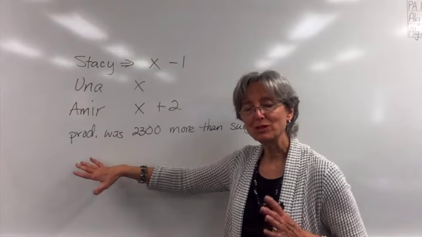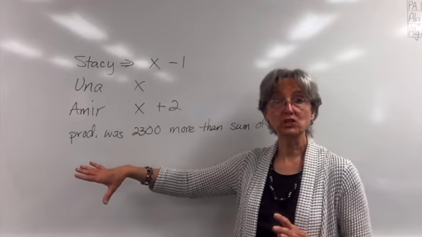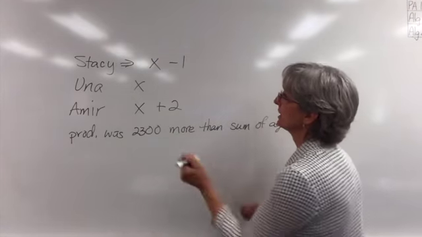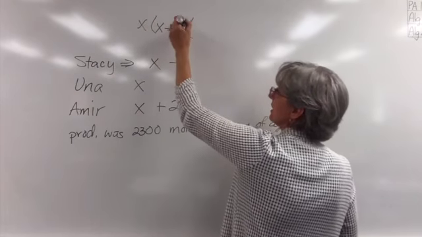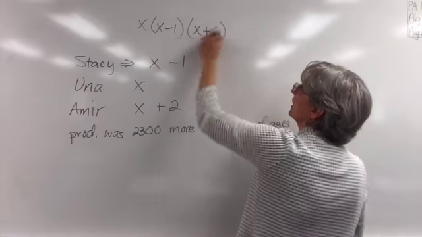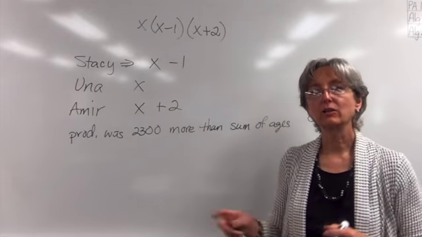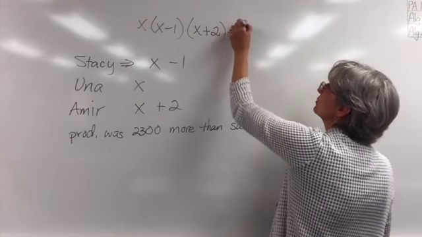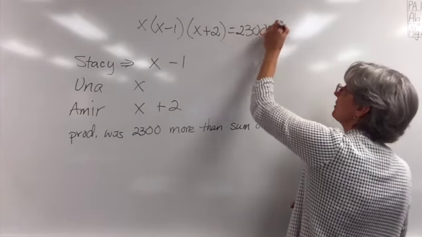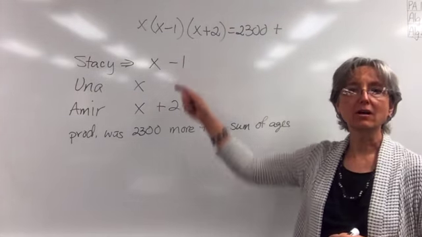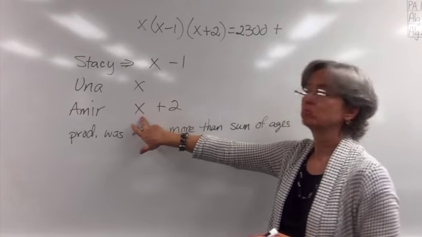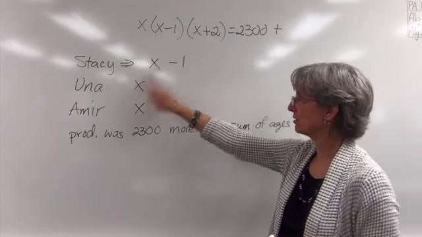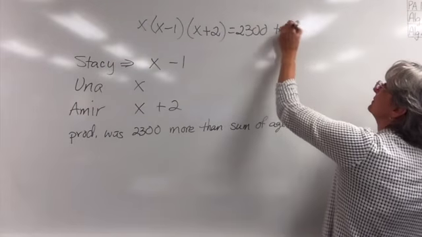Let's set up an equation. The product would be X times X minus 1 times X plus 2. Their product was 2,300 more than the sum of their ages, which is X minus 1 plus X plus 2, or 3X plus 1.